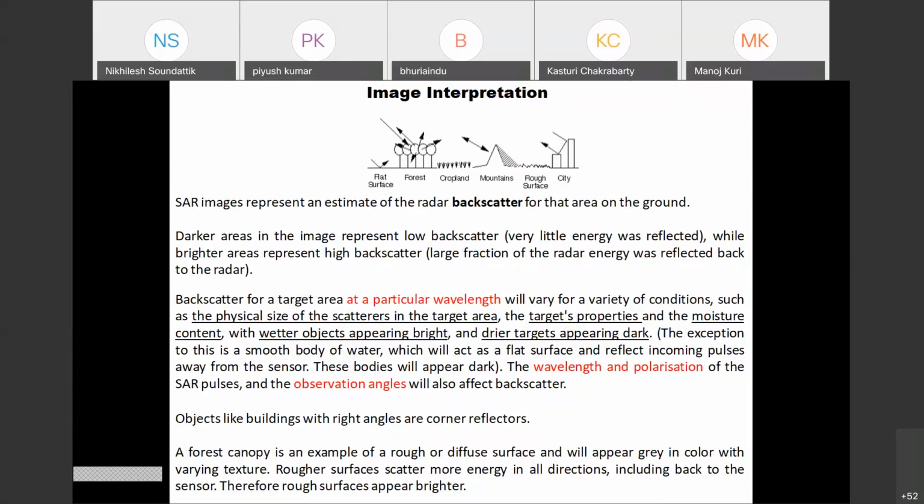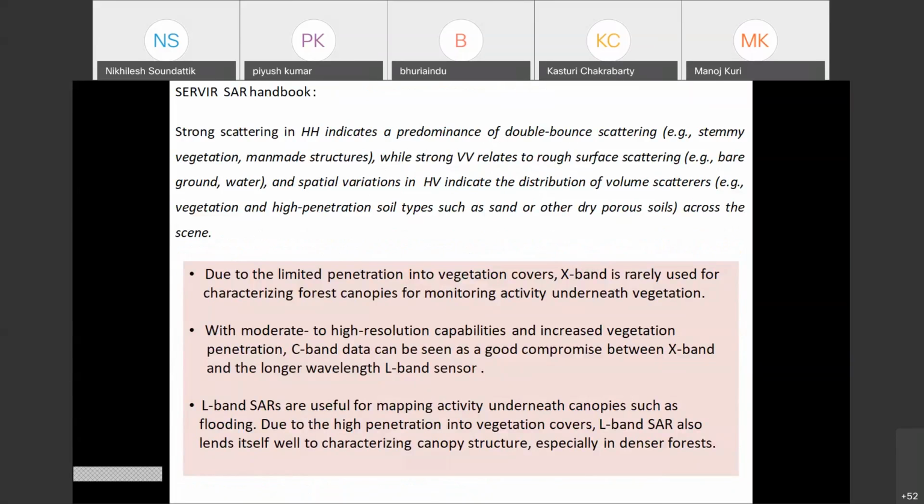already discussed. Further, there are various literatures available, and recently I have gone through the SAR handbook that gives the detail of the SAR interaction within a forest and various applications also.